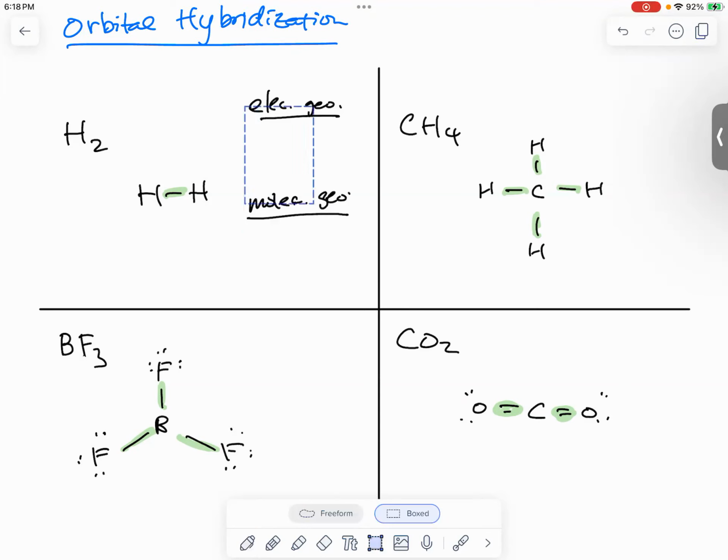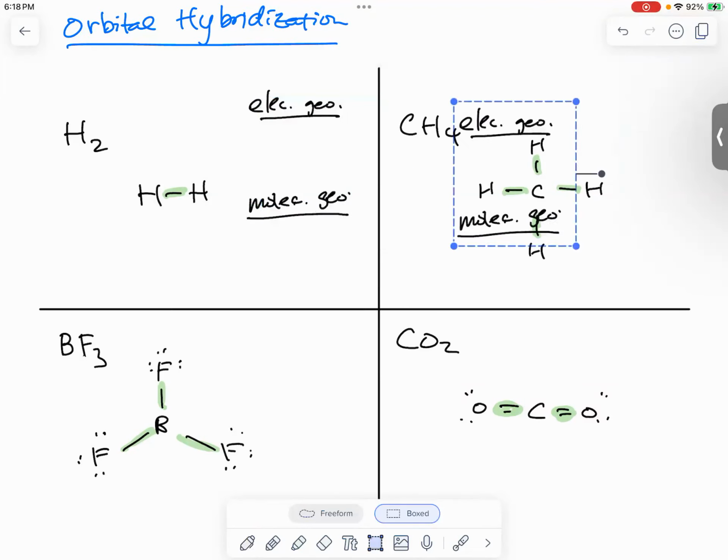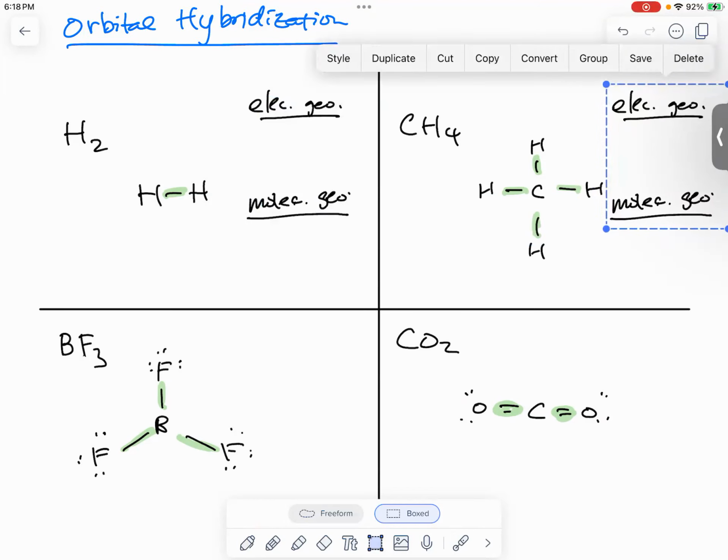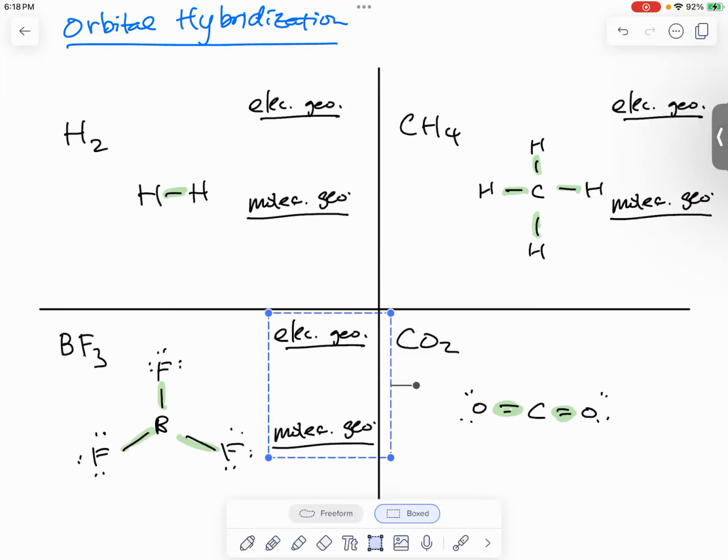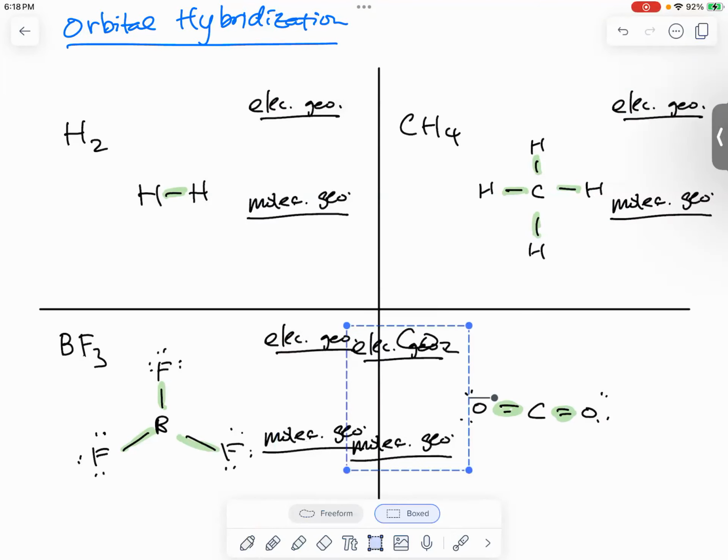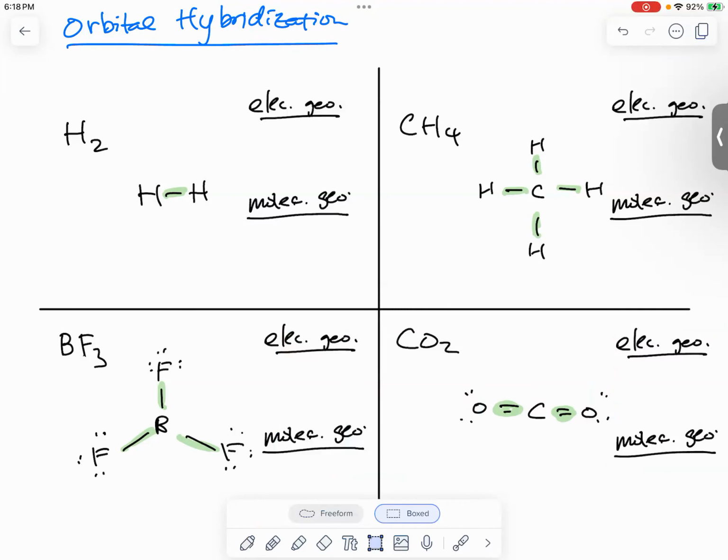I'm a bit lazy, so let me copy and paste these questions so that I don't have to write them again and again. By now, I hope you can do this mentally. For H2, they are both linear because it's just a line. For methane, CH4, it will be both tetrahedral.